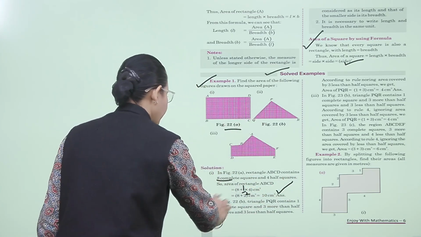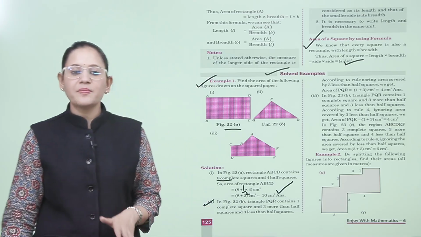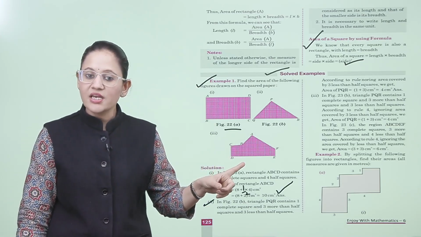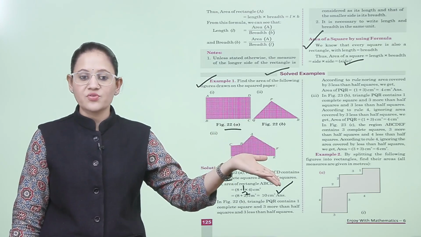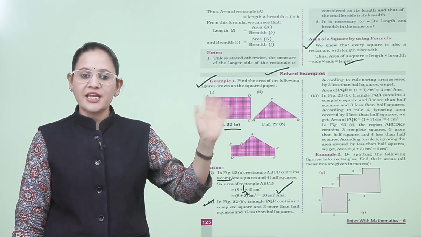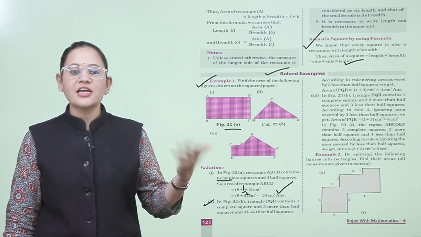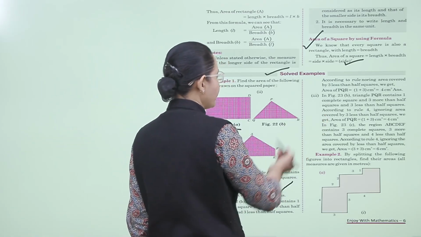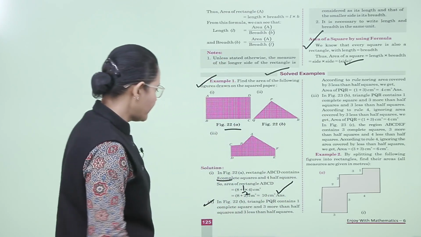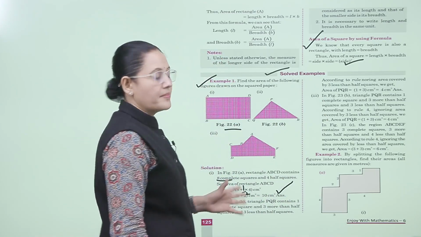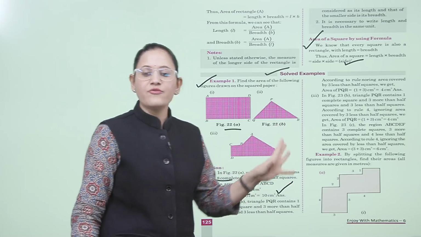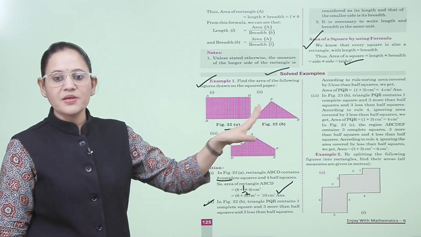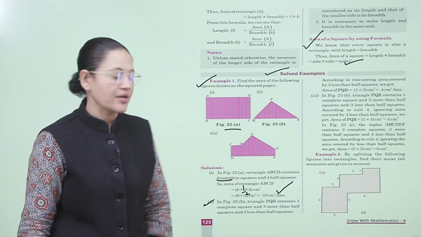In figure B, the triangle PQR contains 1 complete square and 3 more than half squares, and 3 less than half squares. So more than half we take as full, and less than half we ignore. So the area will be 1 plus 3, that is equal to 4 centimeter square.